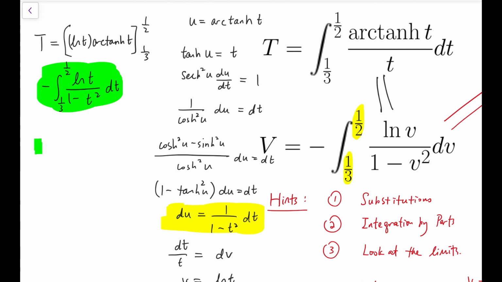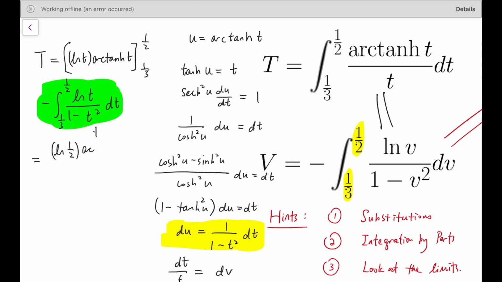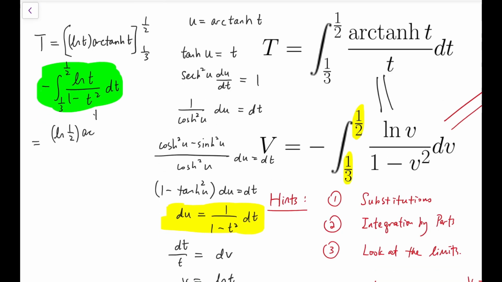So in fact, the expression above equals log of 1/2 times arctanh of 1/2 minus log of 1/3 times arctanh of 1/3, and then minus the integral that we want.